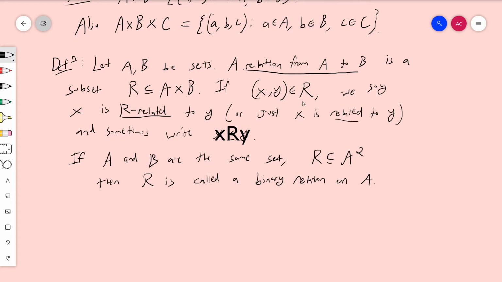It's kind of the most typical one. But if I define a relation as a subset, relations that are on products of the same set are called binary relations, or tertiary relations, right?